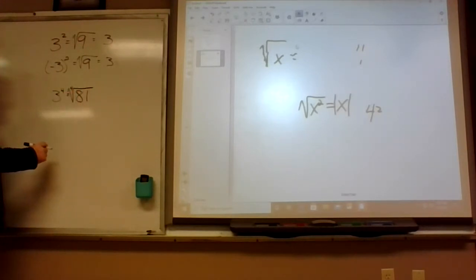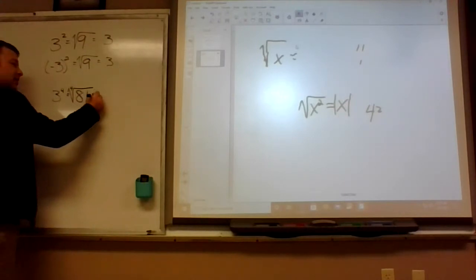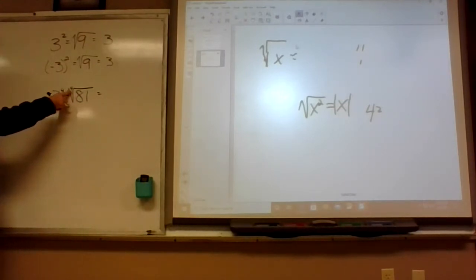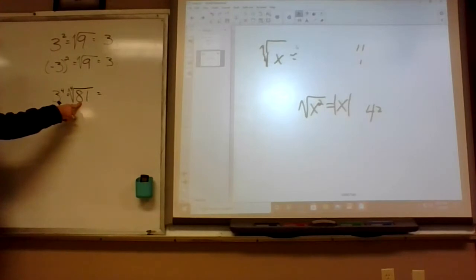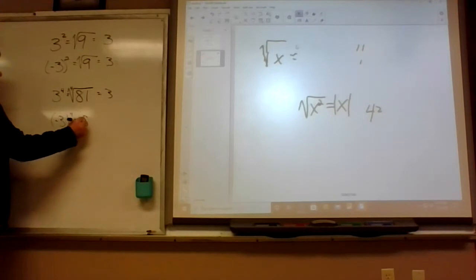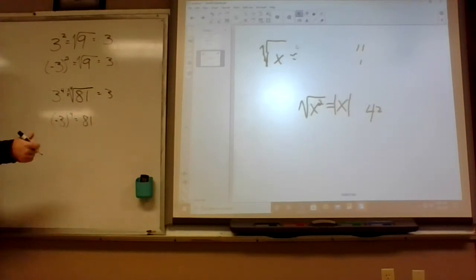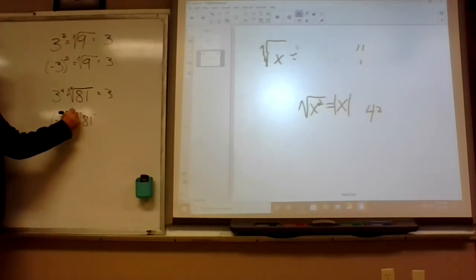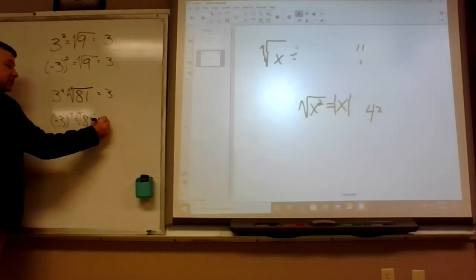No. I think we saw it on number one, but I don't remember. Fourth root means what to the 4th equals 81. So obviously it would be 3, right? What if I did negative 3 to the 4th? What would that equal? It's still 81, right? Still positive because 4 negatives make a positive. And then if I did the 4th root of that, it's still positive.